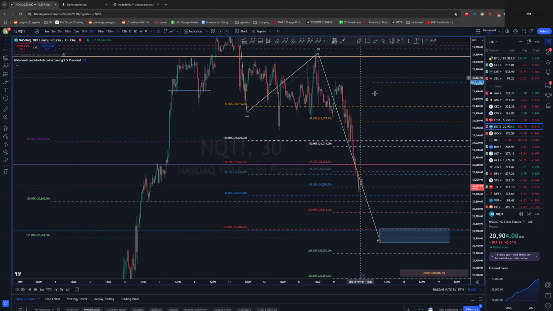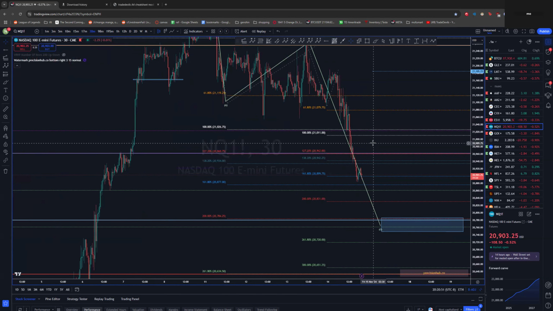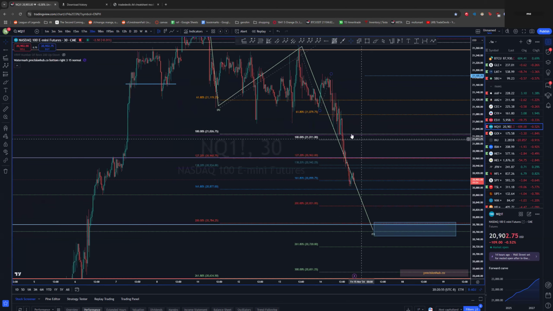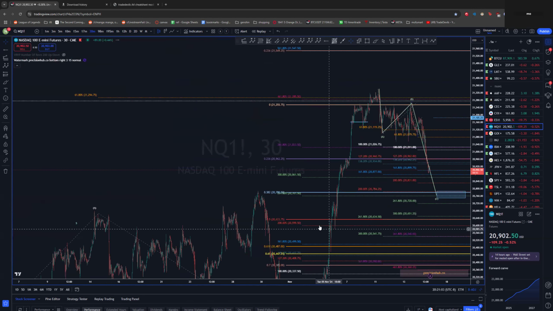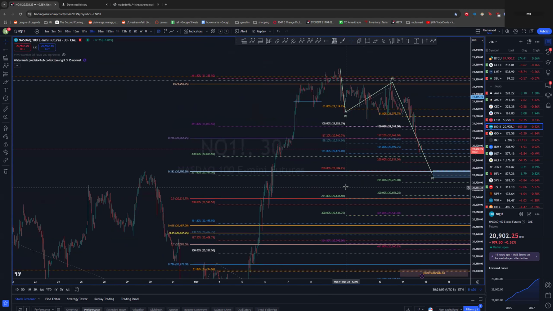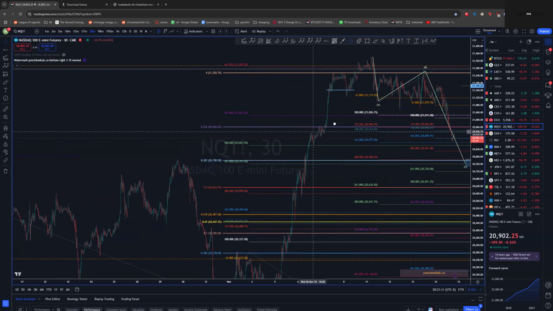So our options are either the C leg is done, which I don't think so, because there are really only three visible waves here, and in terms of significance behind price, this 2900 area is not too significant.